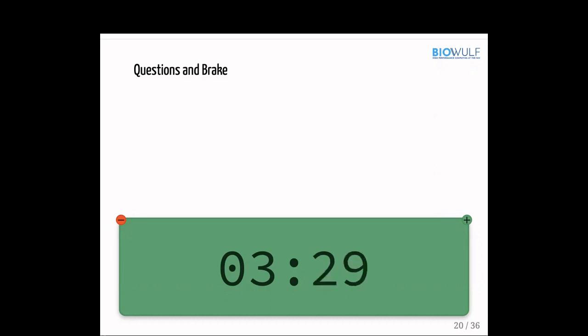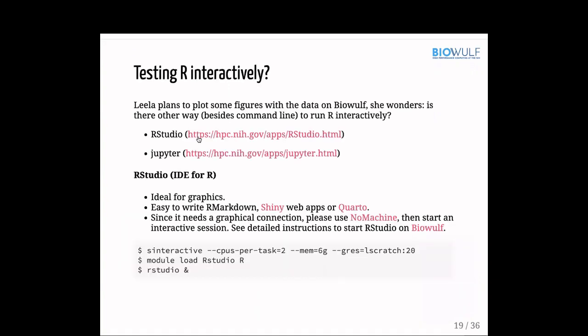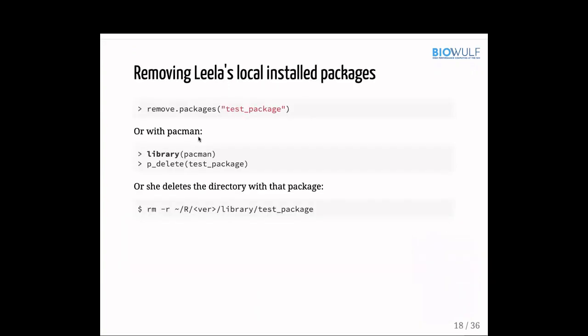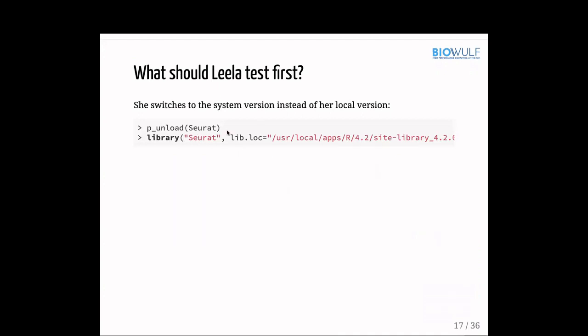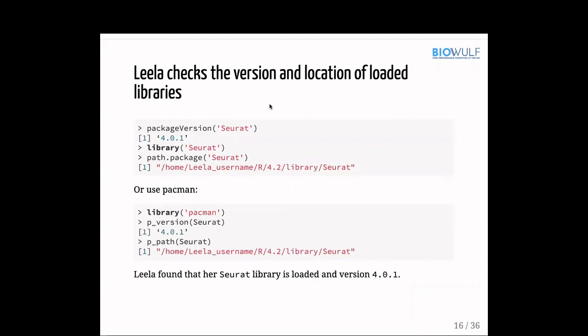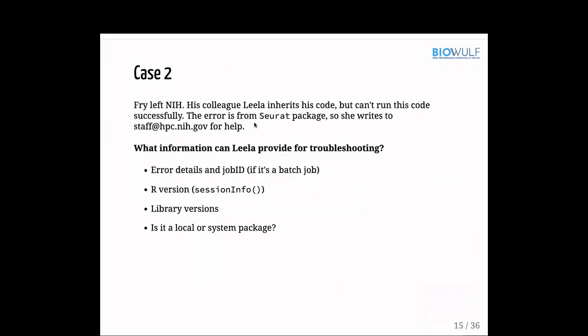I had another question. The first question was, why did you remove the package locally? Could you explain that one more time? Okay. Let me go back a little bit. Lila was checking an error when she ran the program, right?